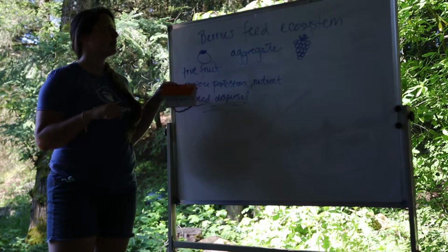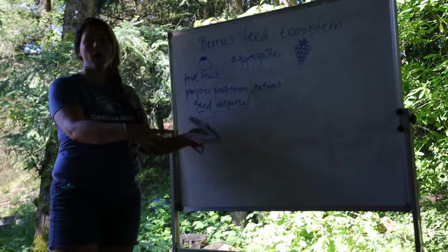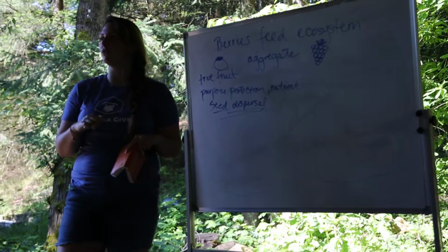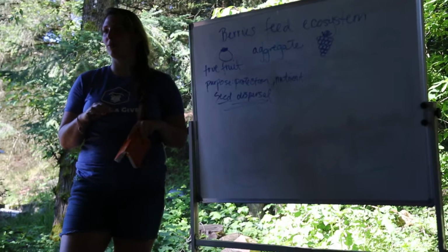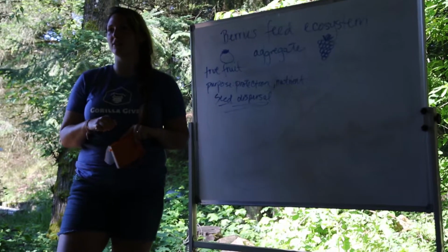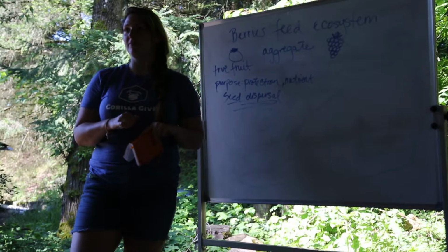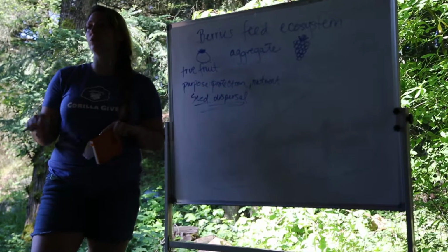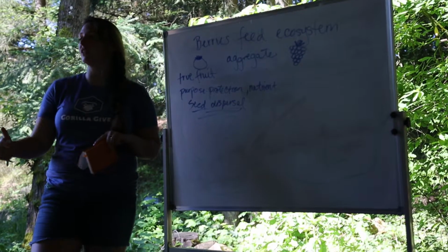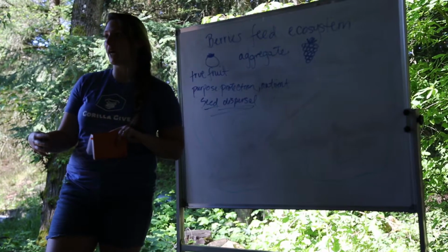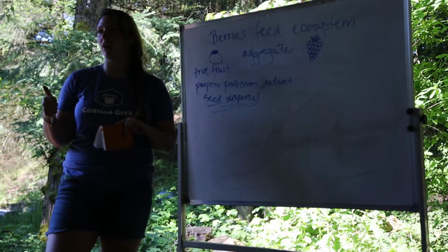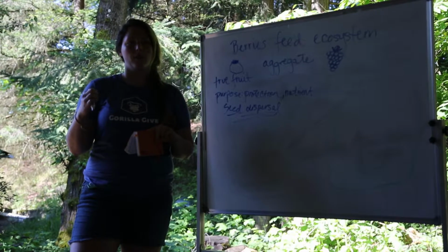There are certain reasons why we are drawn to berries as a food source. Does anybody want to give it a shot and tell me why we think we're drawn to berries as food sources? Nick? The sweetness. So sweetness can tell us, yes, this is good to eat. It provides calories, which we need to survive. So we got sweetness, and then other senses we might use.